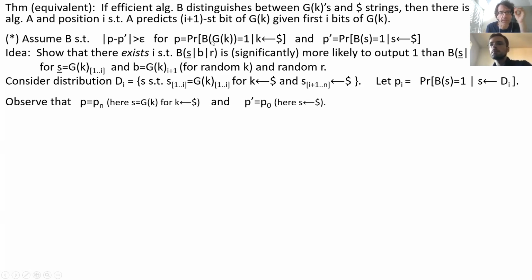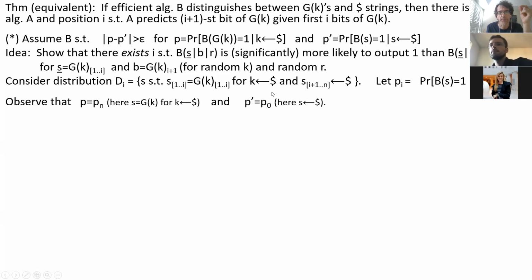So probability P was at outputs of G. So this is the same as distribution D_n, right? Because D_n is that the whole string is just outputs of G_k. n here is the length of the output of a PRG. It's the length of this random string and the length of the input to B. Now P prime is P_0, right?